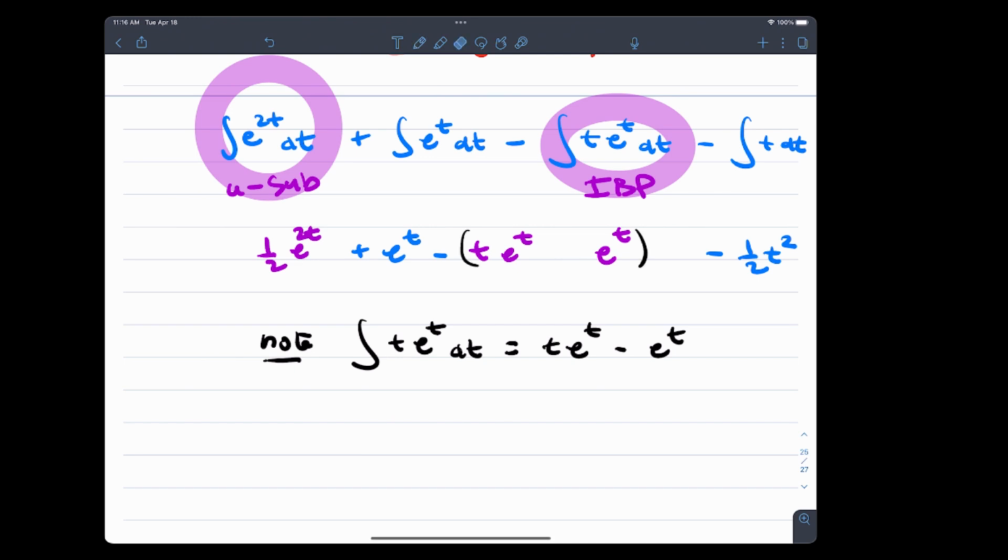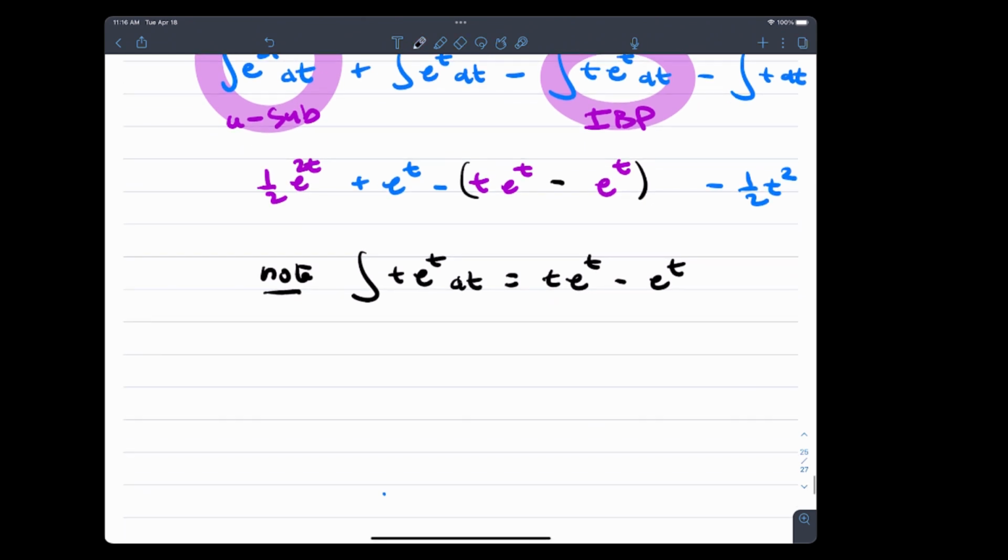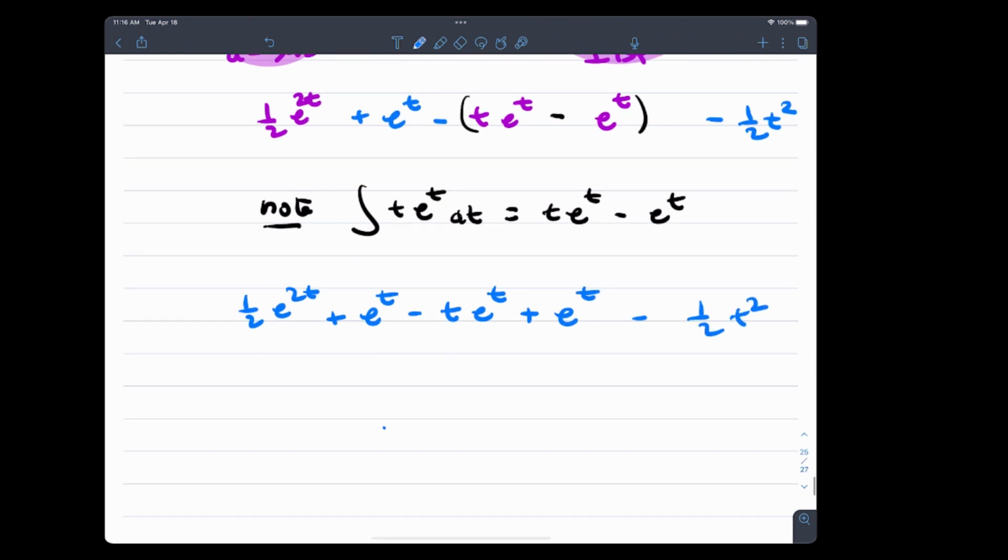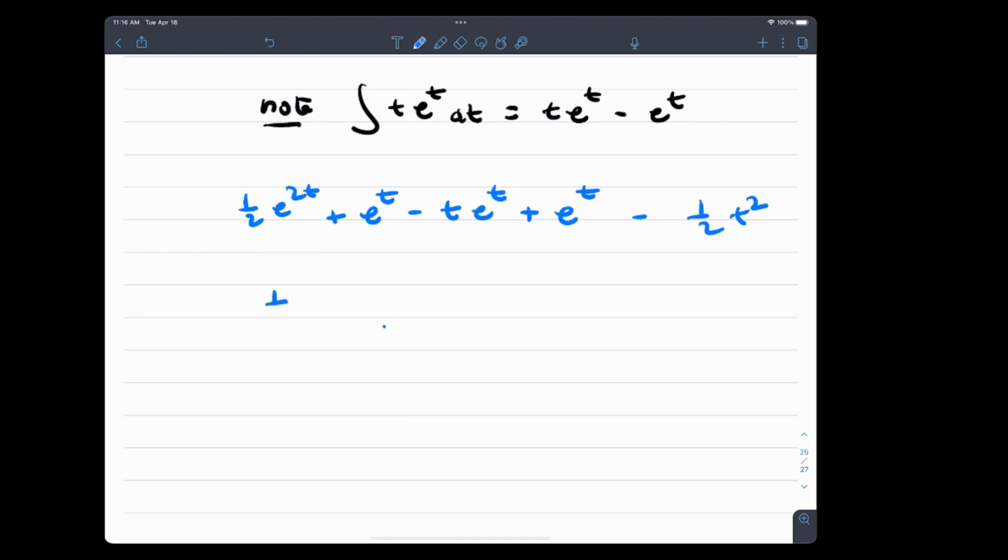So remember, this is going to be minus, which is going to make this thing here, when you write it down, 1 half e to the 2t plus e to the t minus t e to the t plus e to the t minus 1 half t squared. So you get 1 half e to the 2t plus 2 e to the t minus t e to the t minus what? 1 half t squared. Evaluate that from t is 0 to t is 1.